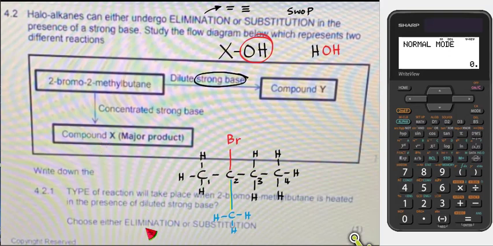Then we need to know, is it elimination or substitution? Remember, if it's elimination, you must have double bonds already here. You don't have double bonds here, so it must be substitution, swapping them around.